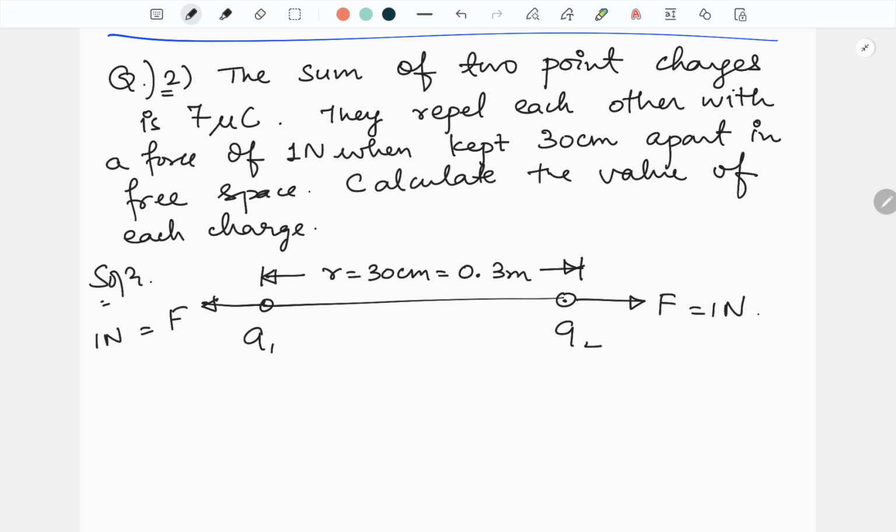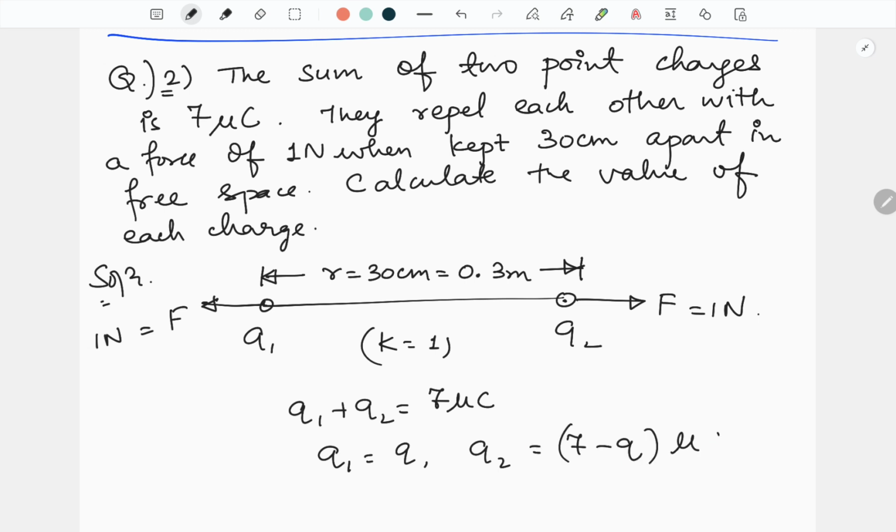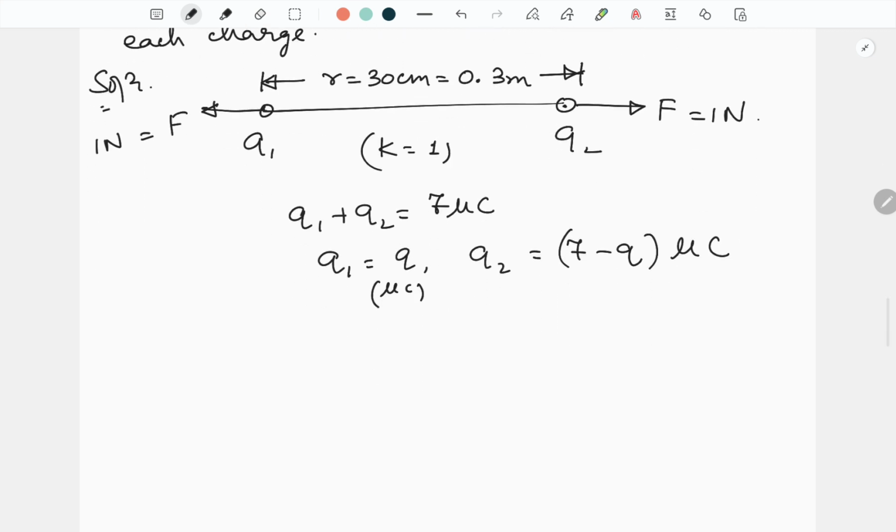They are kept in vacuum, so here the dielectric constant will be 1. Now q1 plus q2 is equal to 7 microcoulomb. So if q1 is q, q2 becomes 7 minus q microcoulomb. Now just apply the formula, you will get the answer.